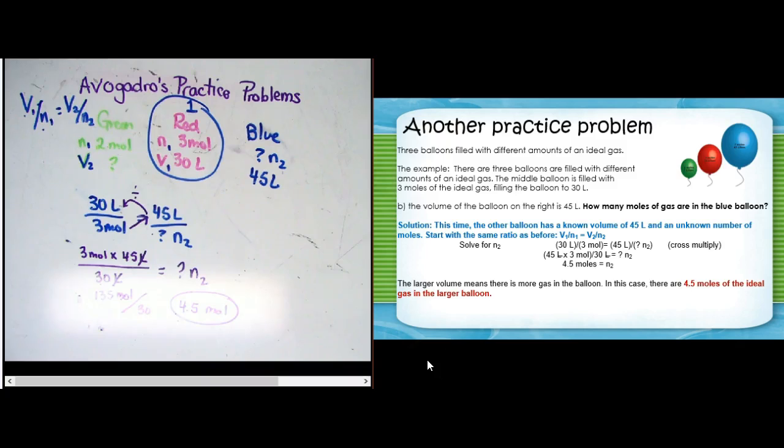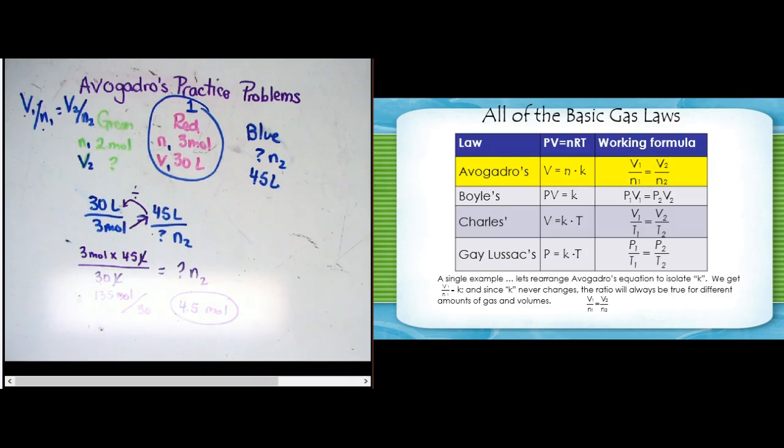Alright, so of all the gas laws, you can again see here at the top, you see PV equals nRT. There's your basic ideal gas law. You can see that since Avogadro's law is V and N, everything else, the P, the R, and the T become a constant, K. And so you understand that V is on the left, N is on the right.